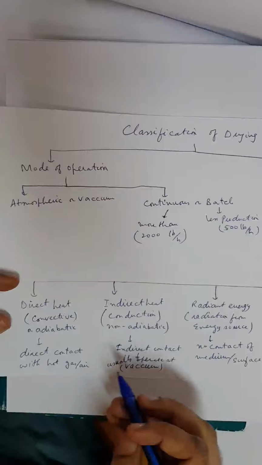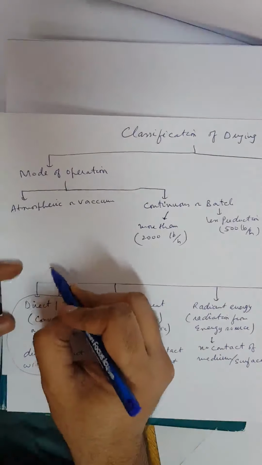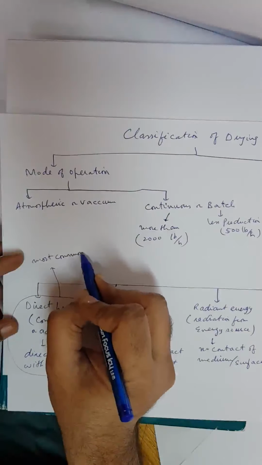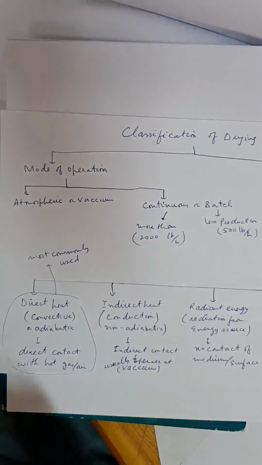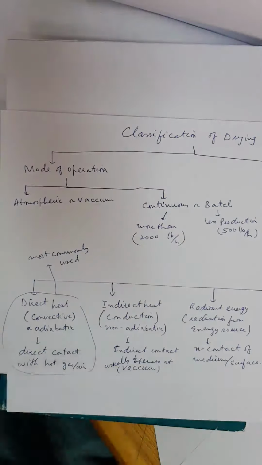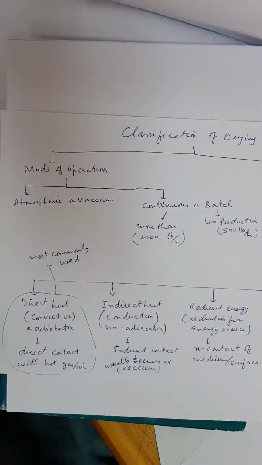Most commonly used among them is the direct heat, where air is the drying medium and the liquid water is trapped inside, which we need to remove.